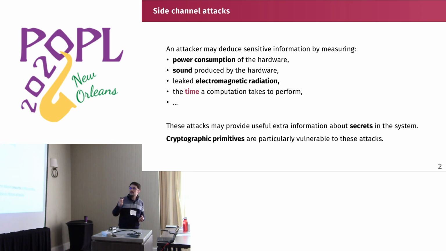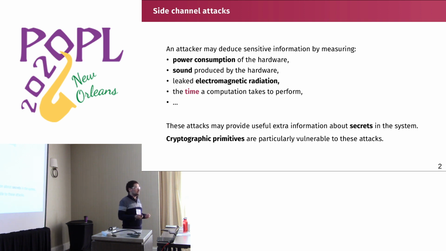Okay, so first I'm going to give you some background on side channel attacks. It's basically a class of attack in which an attacker would use some external data in order to deduce some sensitive information about the system.